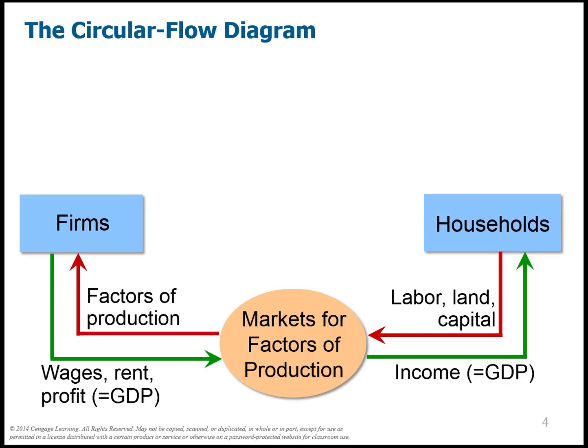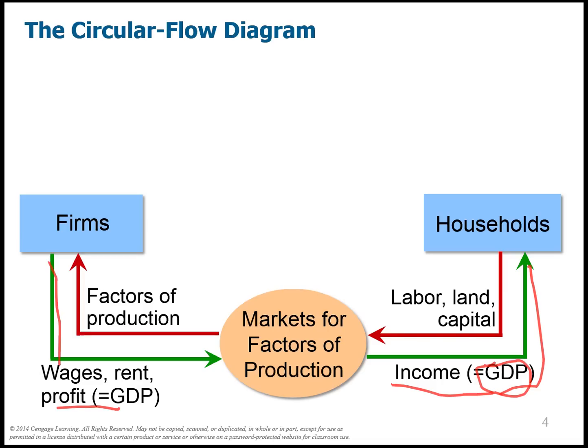Rent is the, quote, rental rate for land and capital. And so already we see this very interesting piece: the wages and rent that the firms pay are the same as the income the households get, because it's the same dollars. And it's all the same as the gross domestic product, or the total amount of production made in the country.